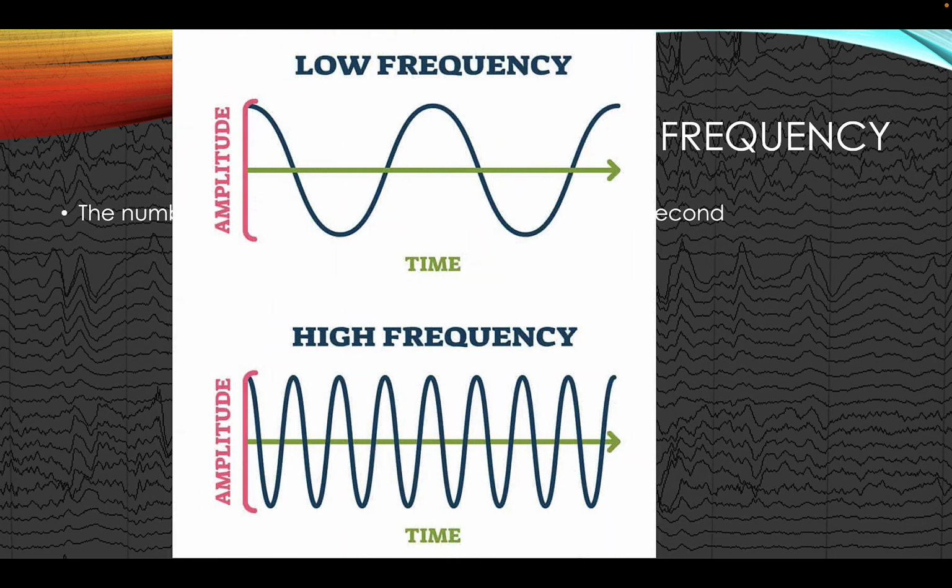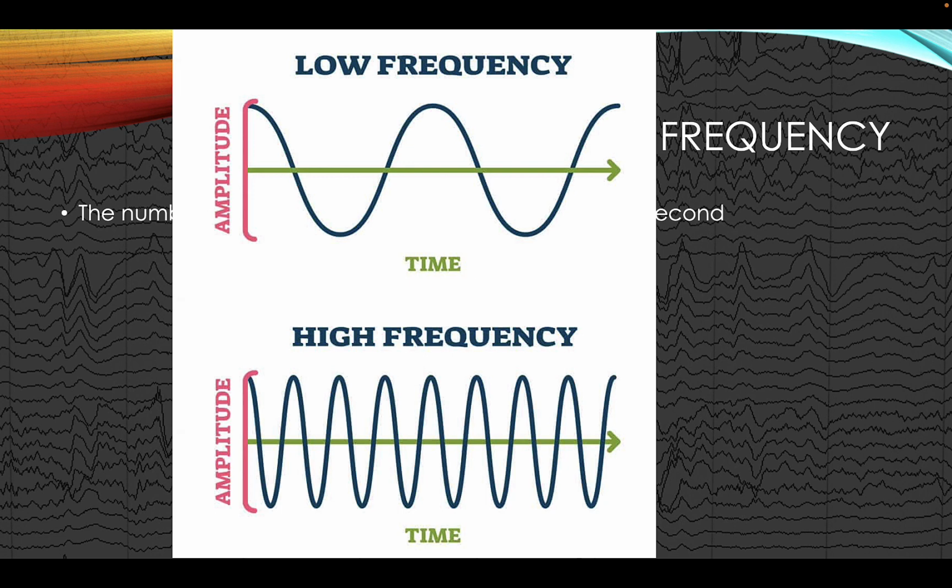If you could see a sound wave traveling in the air, and you could hold up a pencil, every time the peak or top of the wave passes by that pencil, that would be one wave passing by.